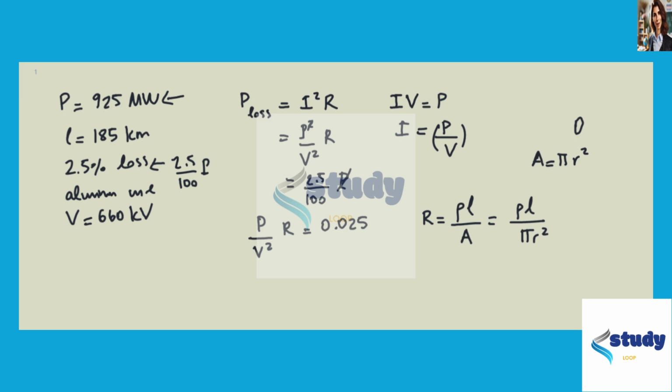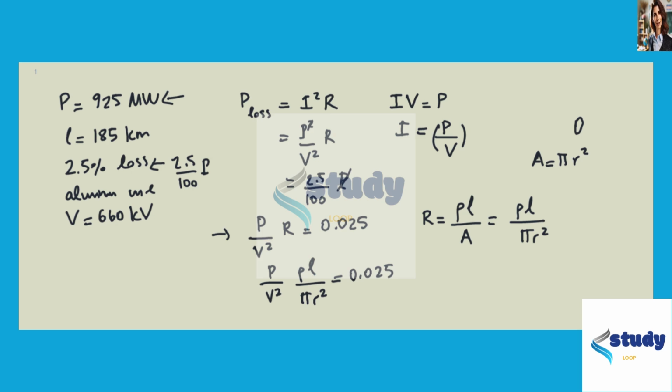Now we can plug this into the power loss equation. P over V squared times rho times L divided by pi r squared is going to be equal to 0.025. What we want to know is obviously the radius of the wire because it's our own choice.